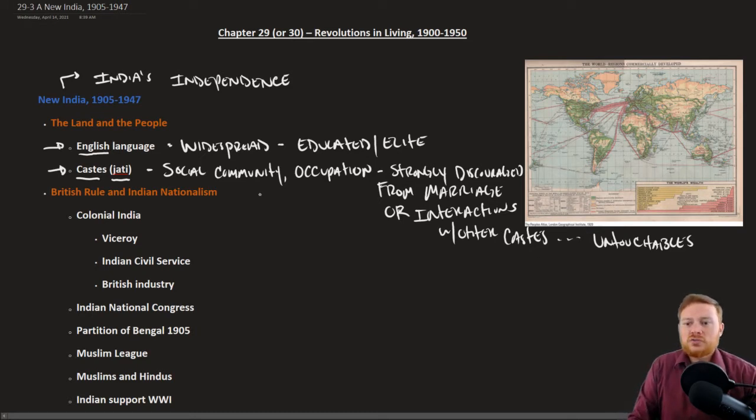So very rigid in terms of social structure, not a lot of social mobility. Typically the profession a person is born in is the profession they'll have for the rest of their lives, and it's the profession their children will have for the rest of their lives. The caste system ends up being one of the obstacles to India's independence, or India's unity, I would say. Certainly not the most important one, though.